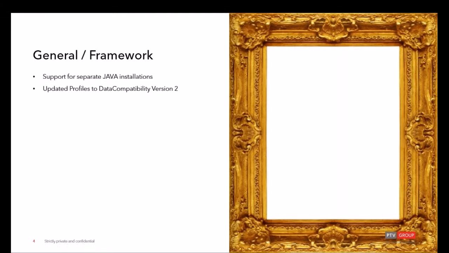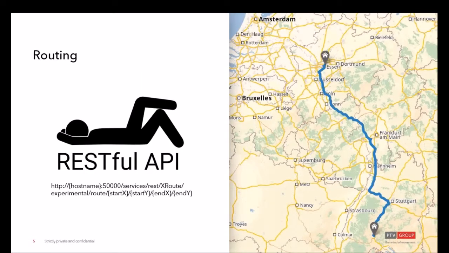In routing, we now offer a RESTful API. That's a simplified API. Of course, you can still use the generic xServer xRoute API if you want to have the full feature set. But if you have a web application just covering the geographical services, you can now do geocoding, map display, and routing, all with REST calls.